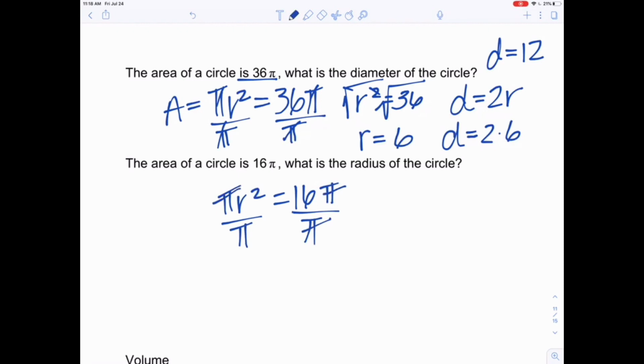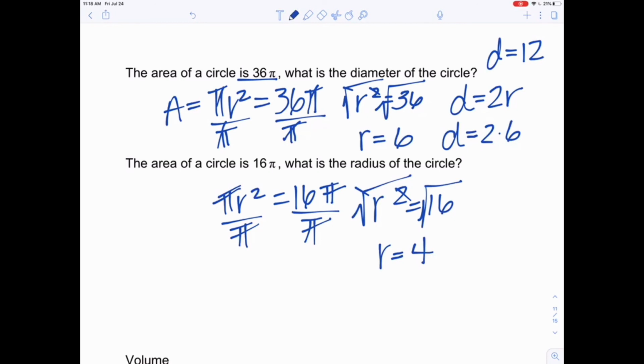This cancels out. I'm left with r squared equals 16. I take the square root because that's the opposite of square. And I'm left with r equals, the square root of 16 is 4. So r equals 4.